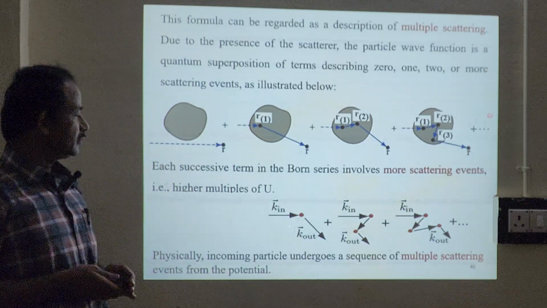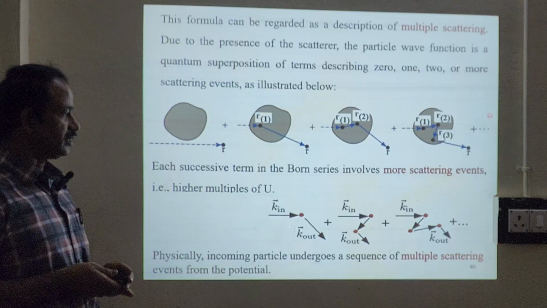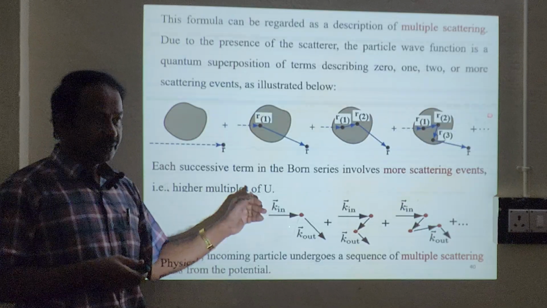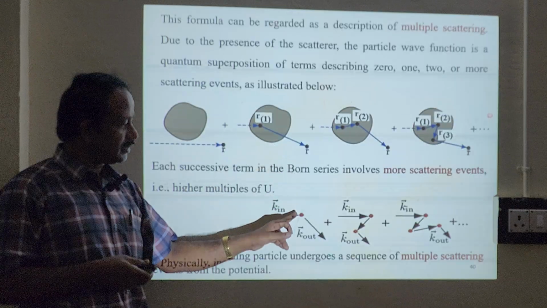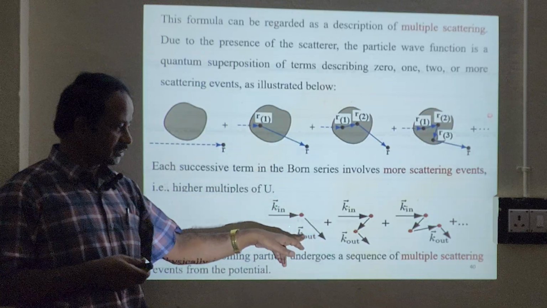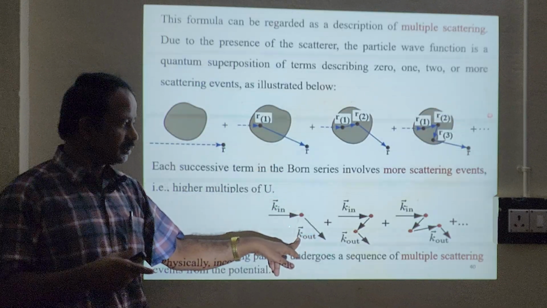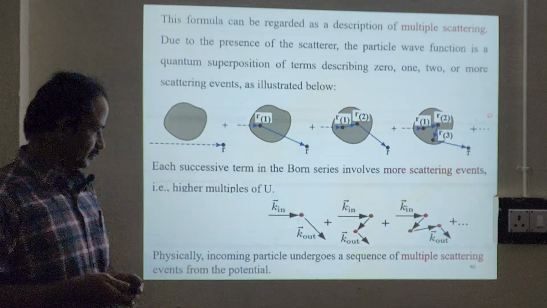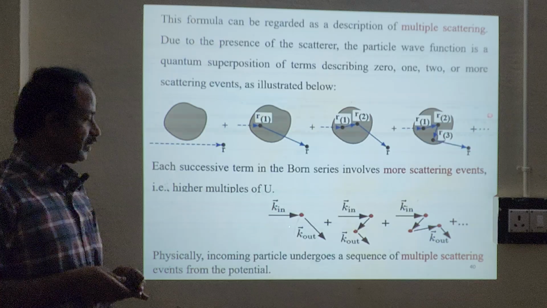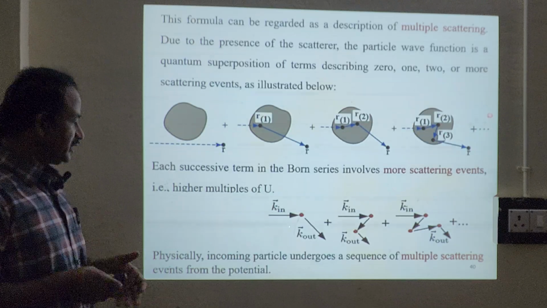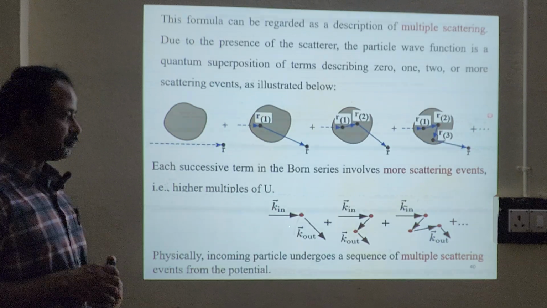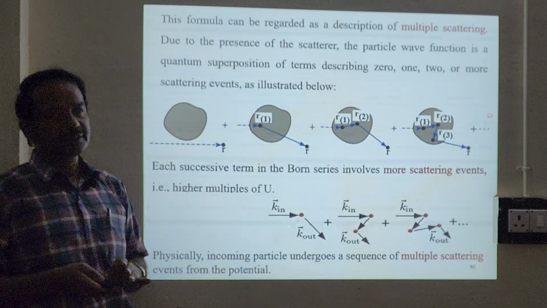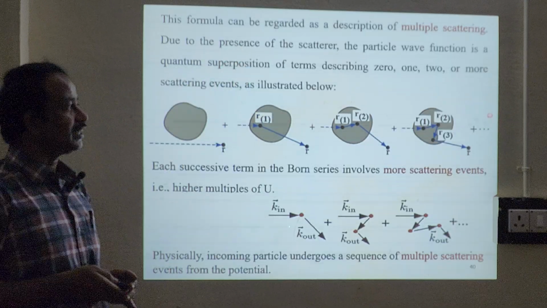Similarly, in k space we have k incident, it goes and hits one particle, which comes out with another wave vector k out. This is another particle, this is also a third particle. Thus we can have multiple scattering. So physically the incoming particle undergoes a sequence of multiple scattering events from the potential. This is the schematic diagram of multiple scattering.